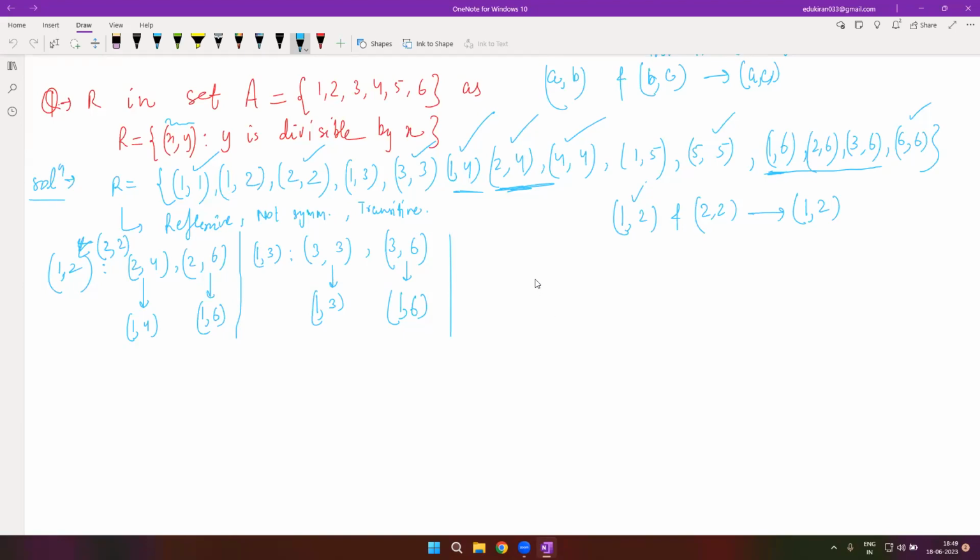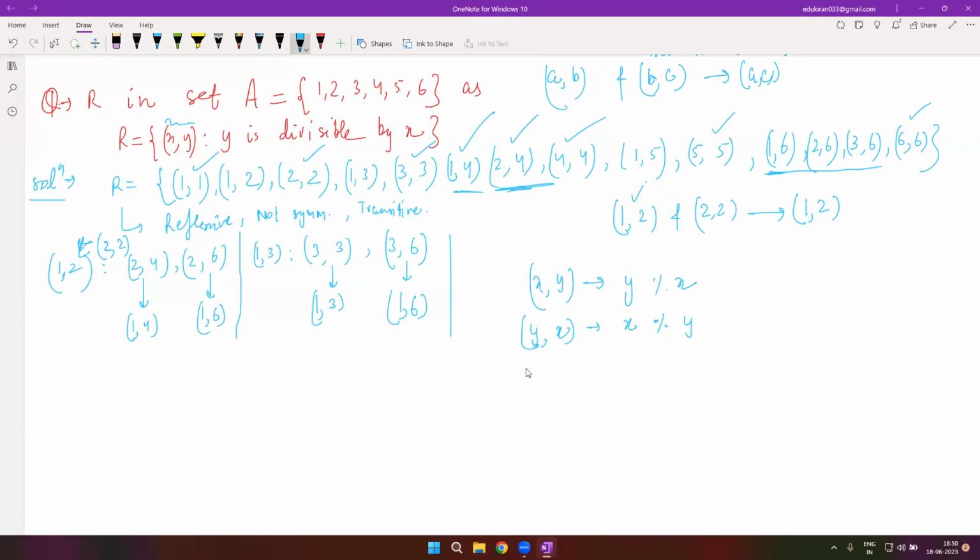If you are writing the relation x,y, then you are saying that y is divisible by x. For the symmetric part, if x,y is there, then y,x should be there. That means x must be divisible by y. Then only we can form this.